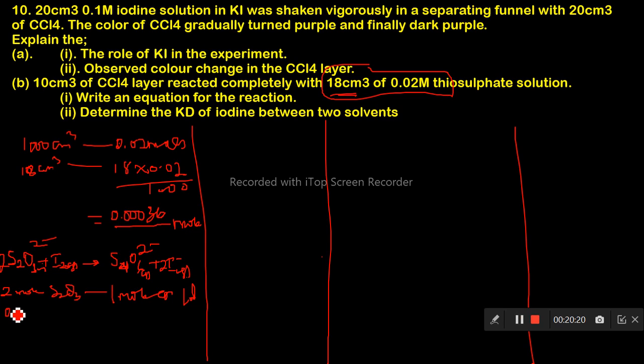So 0.00036 moles of thiosulfate will react with a half of this. So this is 0.00036 times 1 out of 2. And the answer goes back to 18. So it gives us 0.00018 moles of iodine.